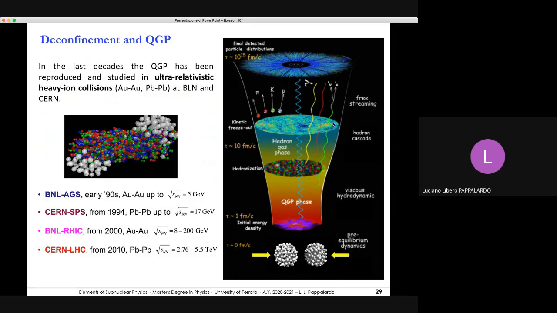At a certain point, after a certain temperature is reached, the hadrons can finally propagate freely and can eventually be observed in our detectors. This region here is dominated by the laws of hydrodynamics. The quark-gluon plasma, as we will see, is essentially a perfect fluid, so its time evolution can be studied using the laws of hydrodynamics.